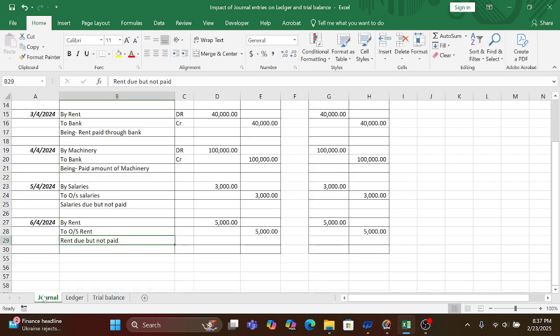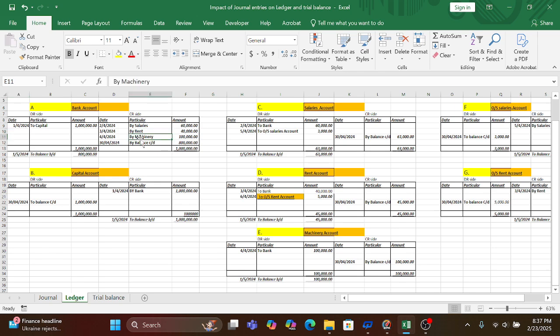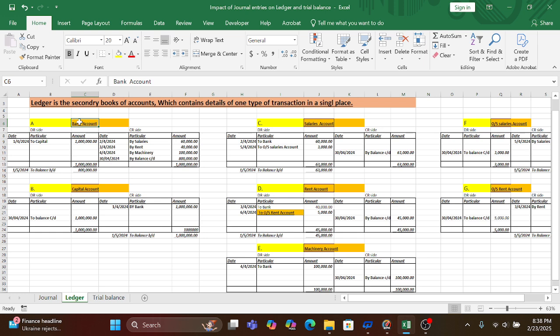After posting all the entries, we need to close our ledgers. If you see here our balance is 10 lakh rupees, and here our balance is 2 lakh rupees.